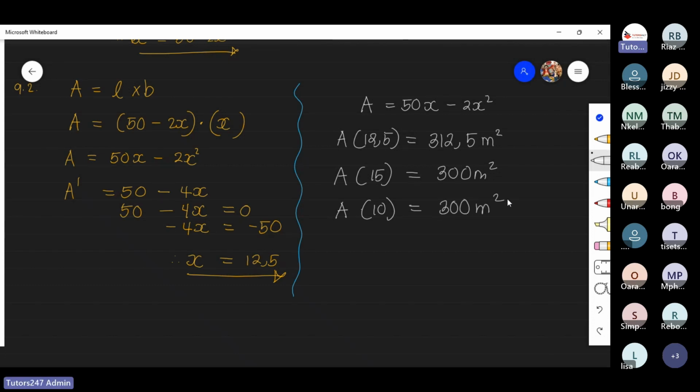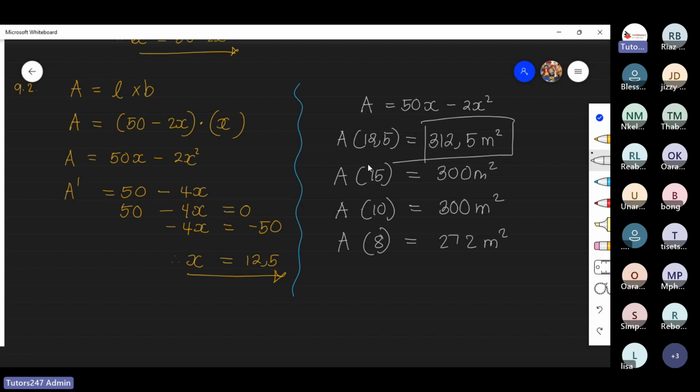Because we ended up with the same thing, let's take an even smaller x value. Let's take x equals 8. If you substitute x equals 8 into your area equation, you'll end up with 272 meters squared. And as you can see, 272 is smaller than 312,5. So it doesn't matter whether you take a bigger x value or a smaller x value.